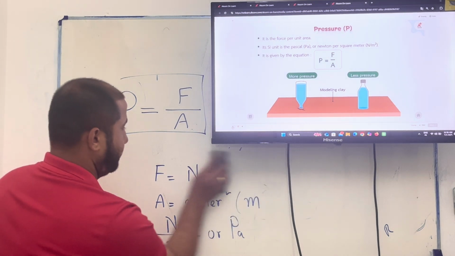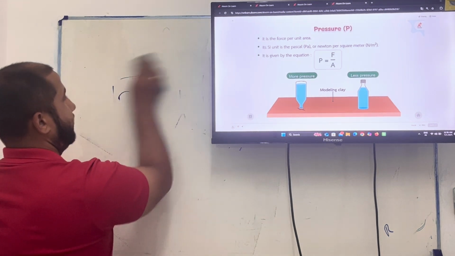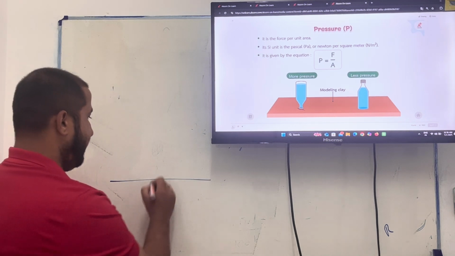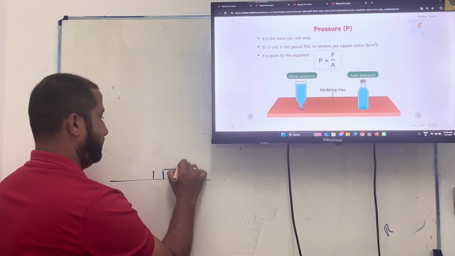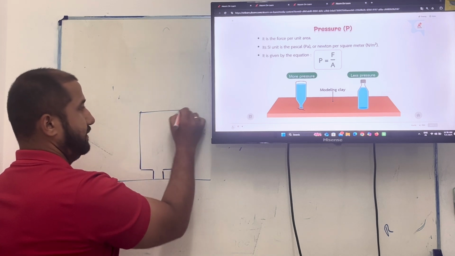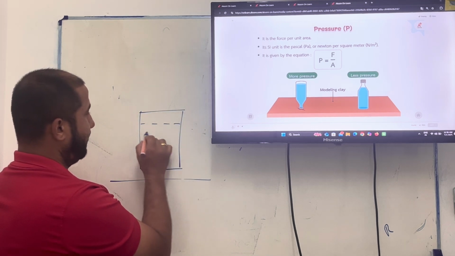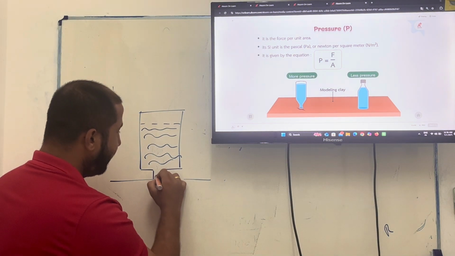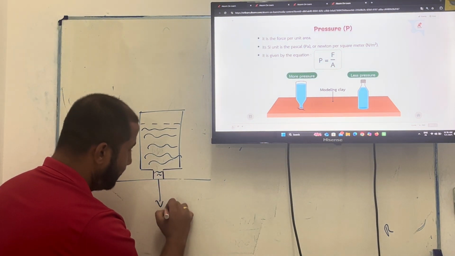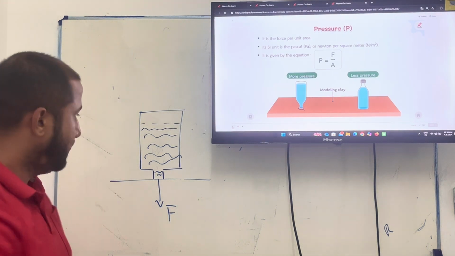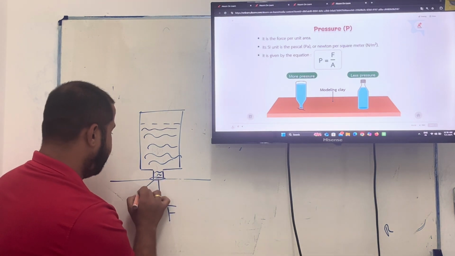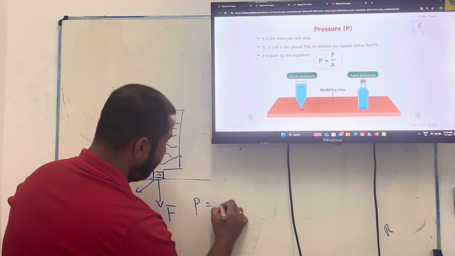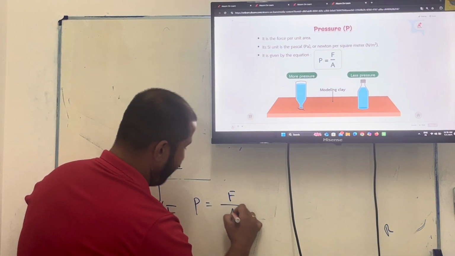Now, if I draw it here, for example, we have a plate, and here is the bottle. It has some amount of liquid in it. The liquid will apply some downward force. The area is very small, this amount of area. Here, the pressure will be force divided by area.